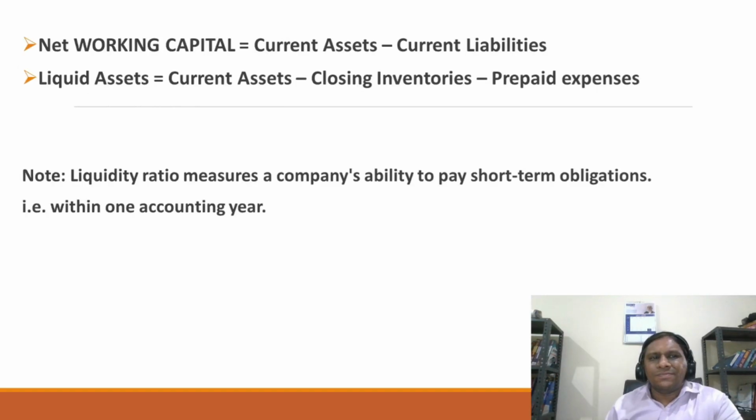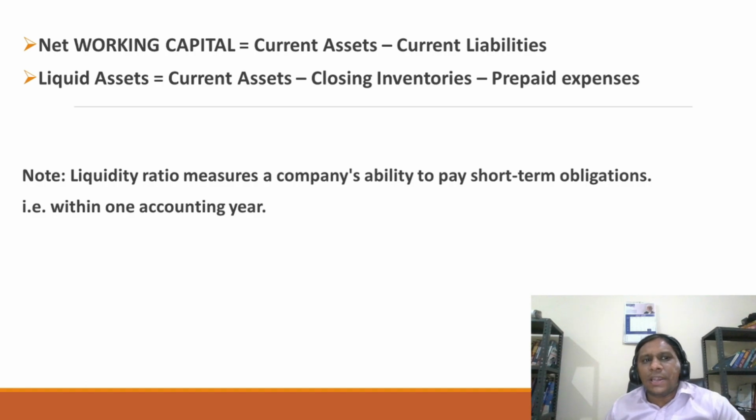So, how to calculate net working capital? That's an important step, my dear children. Net working capital means the excess of current assets over current liabilities, that is current assets minus current liabilities. Then we must be able to understand liquid assets.